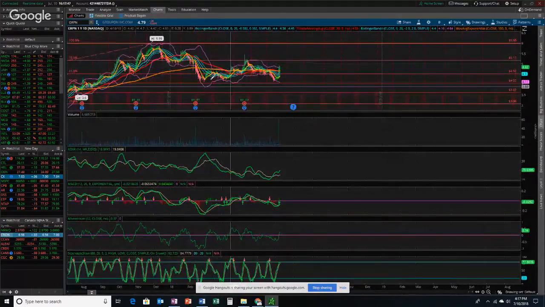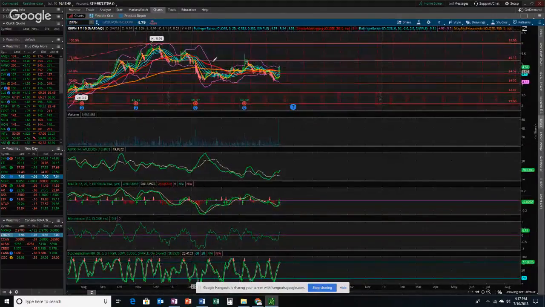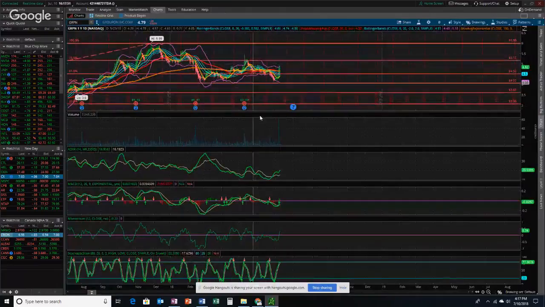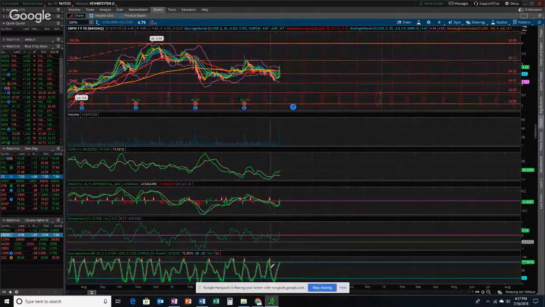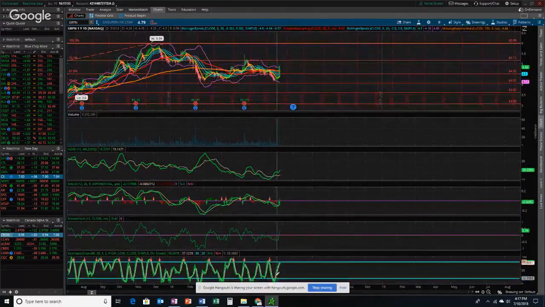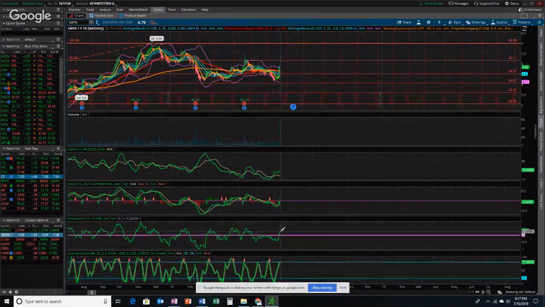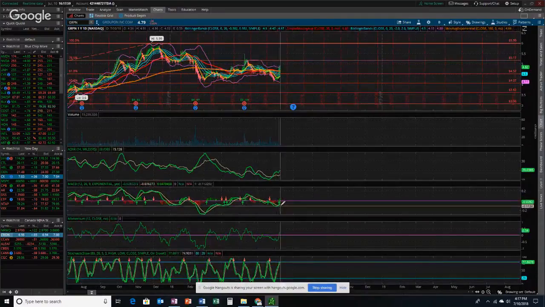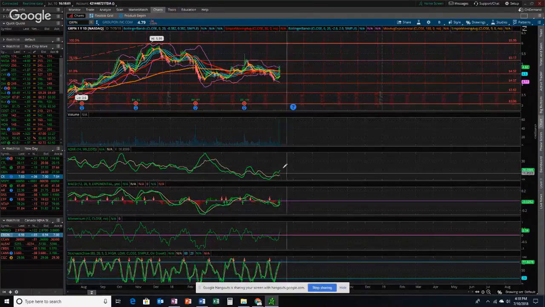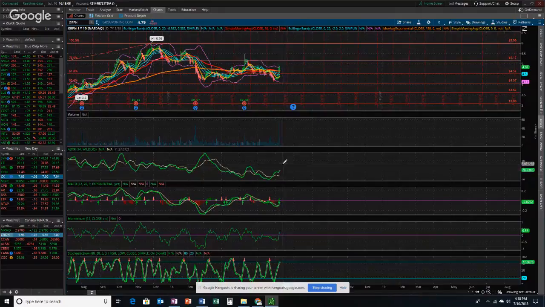So you can see there's been kind of this consolidation channel right in here. We're still on the daily, so remember we're confirmed up on the daily. So let's look at the bottom. Up on the momentum, up above on the MACD, and we're reaching that point. We're at 20 on the ADXR, and you can see it's still moving upward.